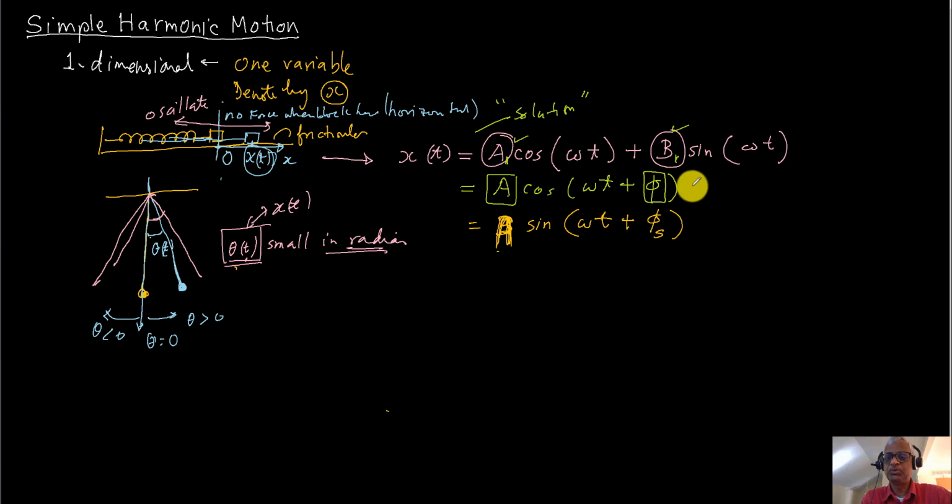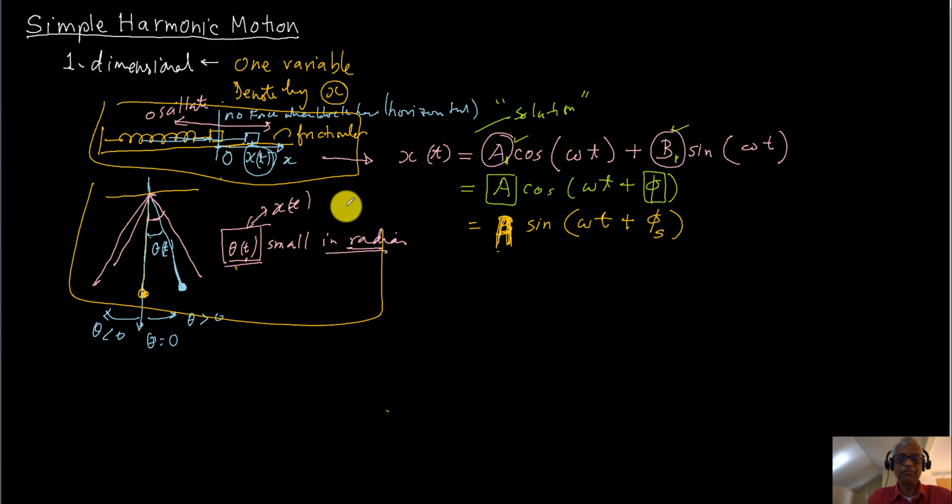You can prove this by expanding. Now, why is this problem the same as that problem as far as simple harmonic motion goes? If you look here, theta of t is exactly this way also, similar.